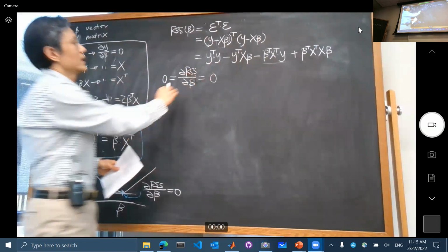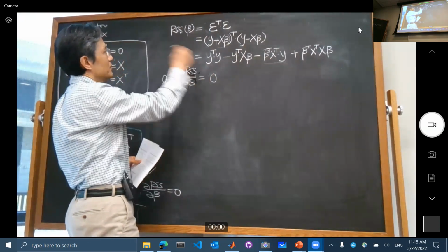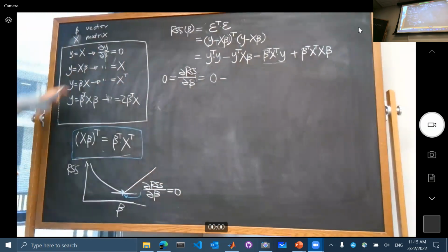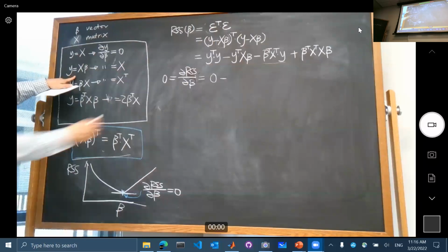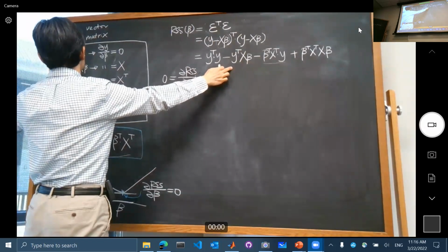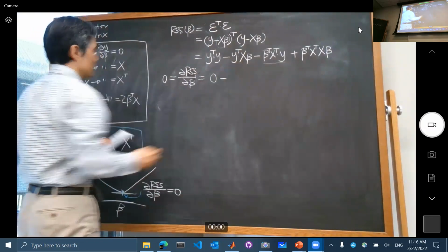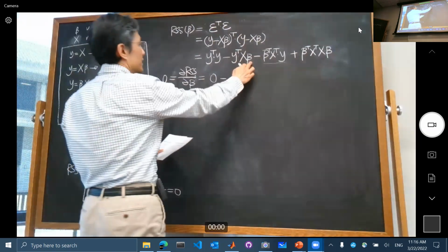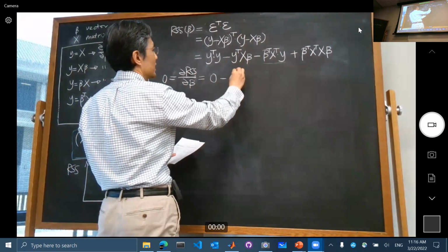And so I'm doing this. Then for this one here, I use 1, 2. Beta is here, and the derivative will be this one.